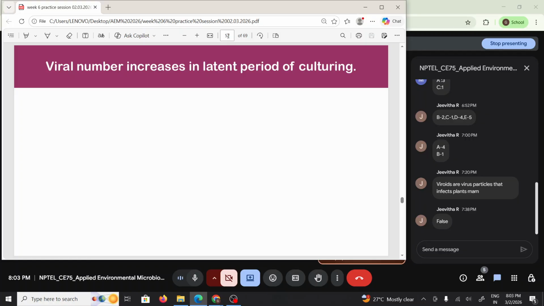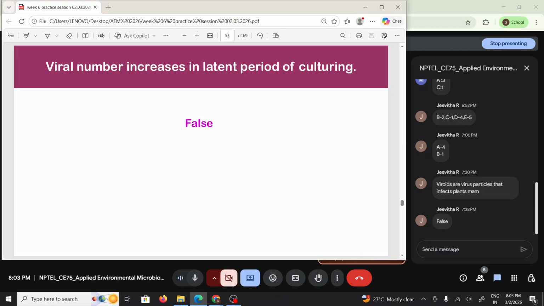Once the virus has entered the host cell and has not begun to produce any new viral particles, that in-between period is called the latent period. So in this time there is no increase in viral number. Only the viral genome gets replicated, and the assembly of the new virus particles has not yet started. So hence this is a false statement.